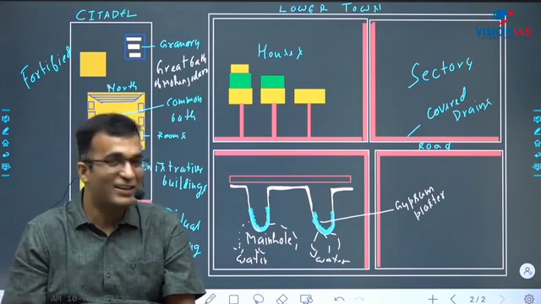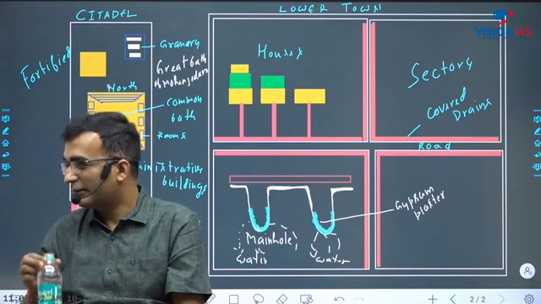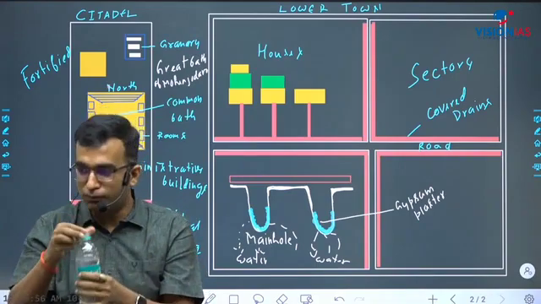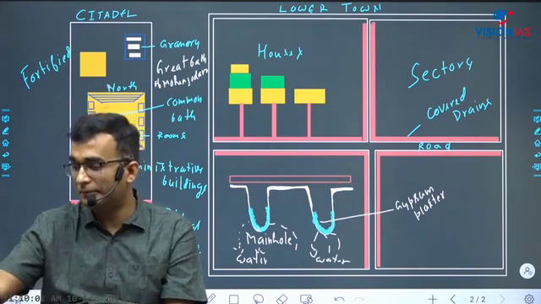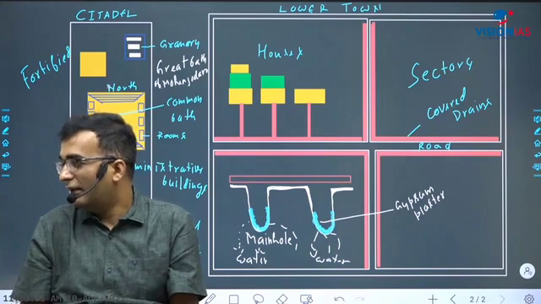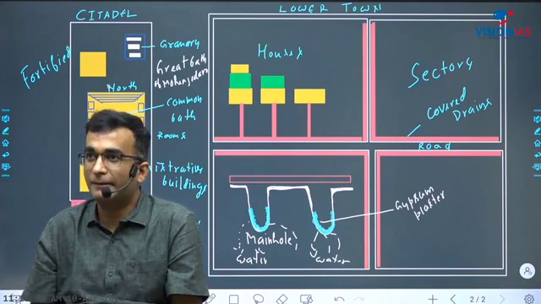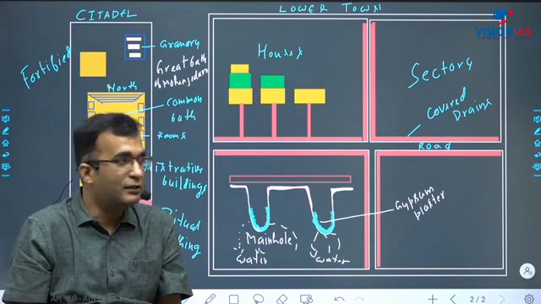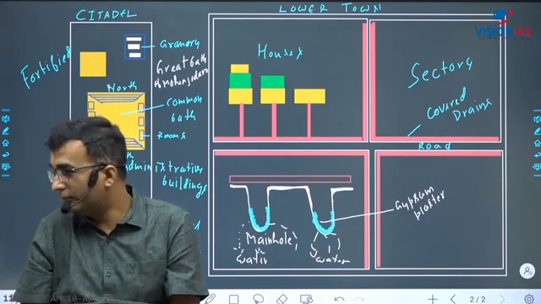Okay, you guys are right. So there was a good network of roads. And roads used to cut each other at right angles. Full stop.